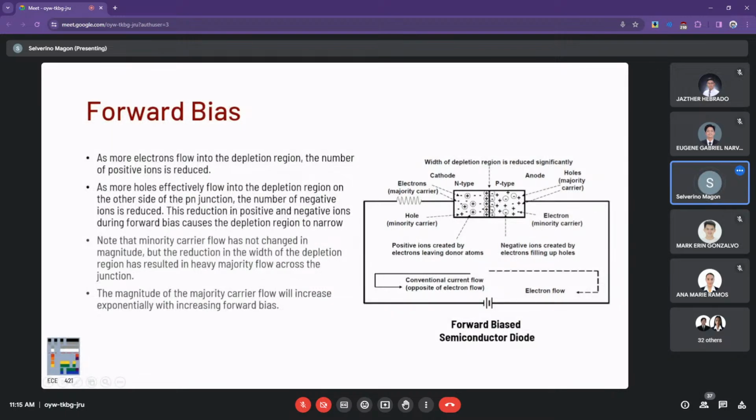So this will essentially reduce the depletion region, allowing for further current to migrate through this region. There will be further current flow across the junction. So that's what happens if we try to apply potential across the junction.